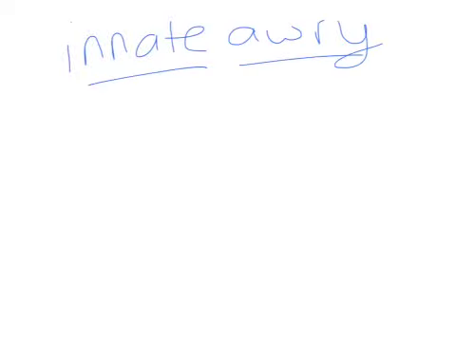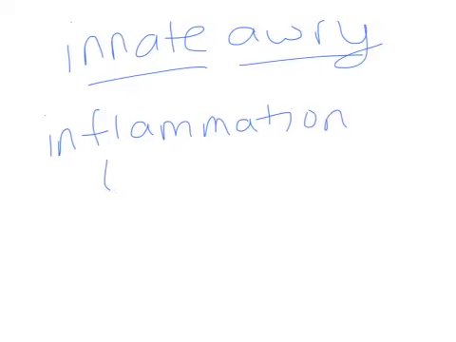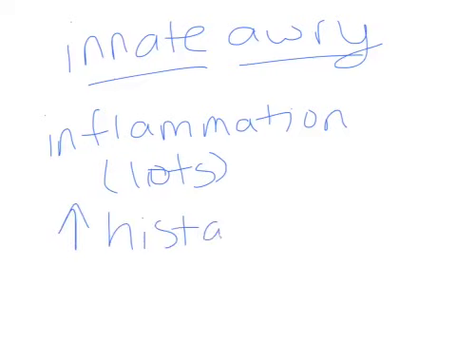Okay, so we've got the innate immune system going crazy. If the innate immune system goes crazy, usually that's going to be overwhelming inflammation. Lots and lots of inflammation. Think like I got stung by a swarm of wasps, so I've got inflammation happening all over the place. I've got tons and tons of histamine being released. Unfortunately, way too much histamine.